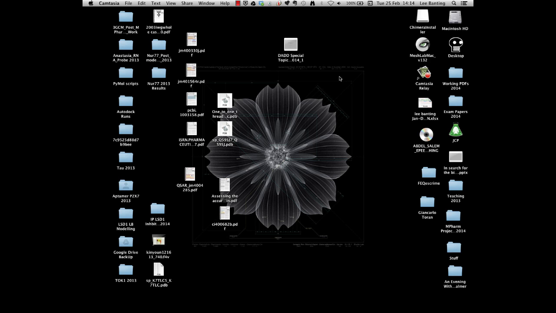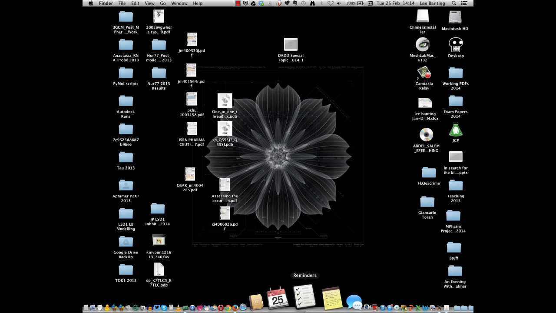Okay, so here we've got a desktop. Currently it's showing a Mac desktop, but that's immaterial. This would be the case on most PCs with the various bits of software that I'm going to show you installed.